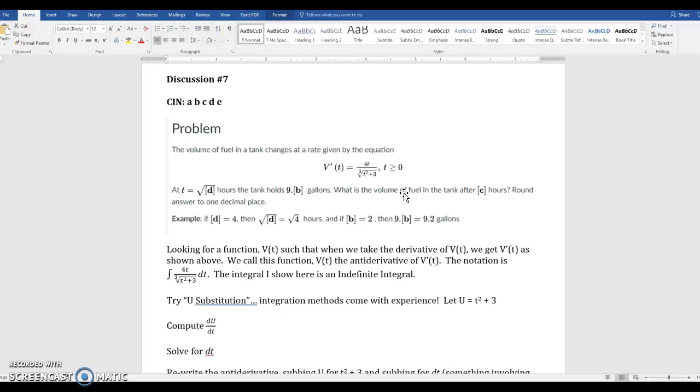What is the volume of fuel in the tank after c hours? We're going to round that answer to 1 decimal point. Obviously, you need b, c, and d from your calculus identification number, and here are some examples. Again, this given function is the rate of change of volume of this tank.